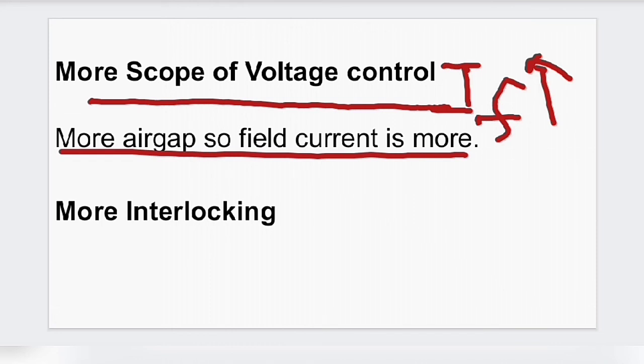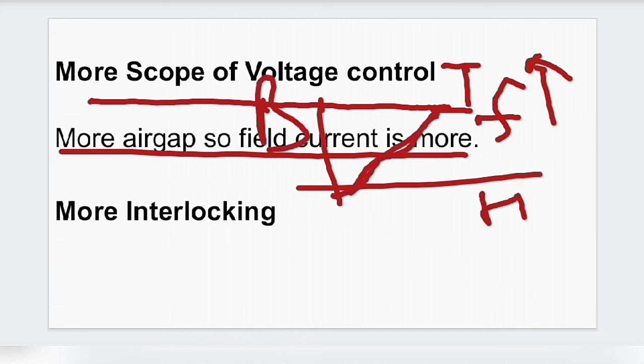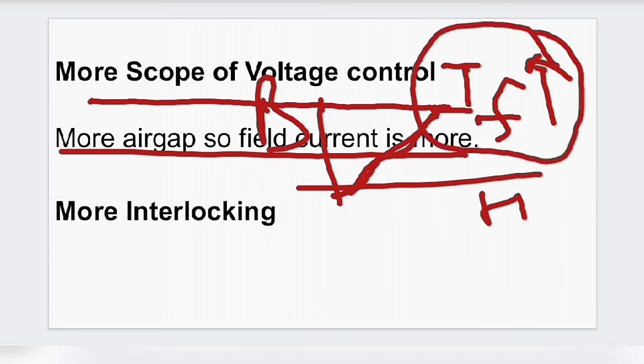That means in this case we will get almost a straight line V curve. So a wide range of voltage control is possible when we increase the size of the alternator. The field current can be increased and we are not bothered about saturation, so the curve is almost a straight line and a wide range of voltage control is possible. Okay, the last one.